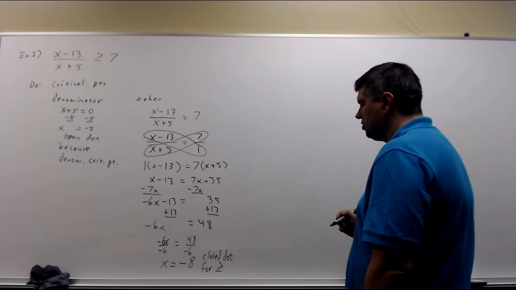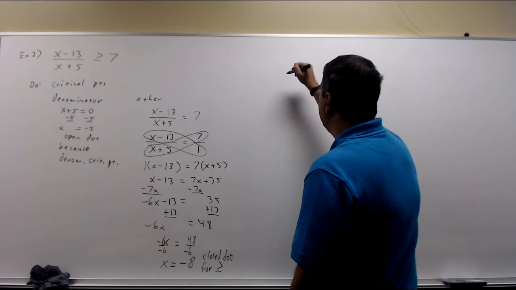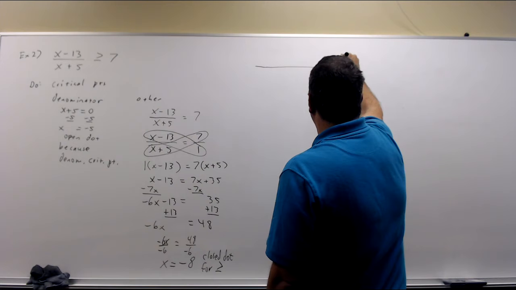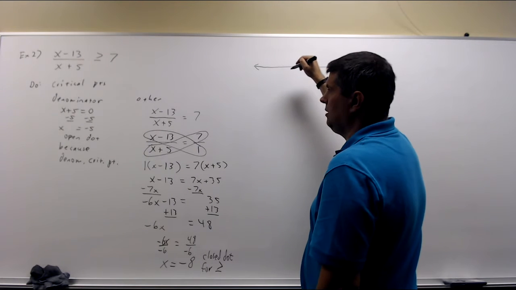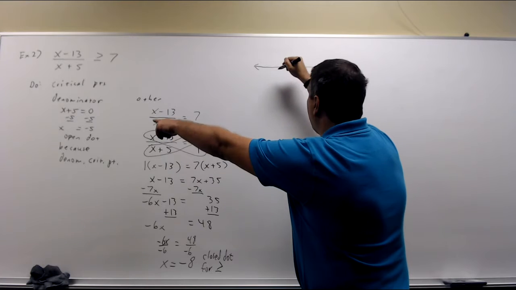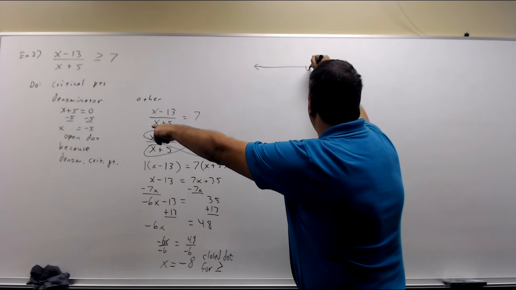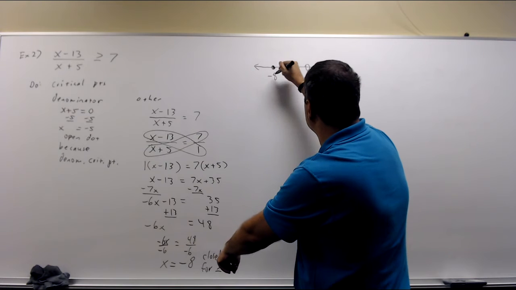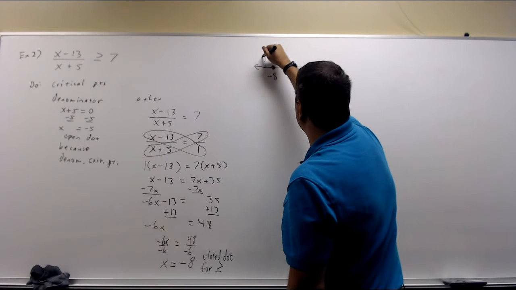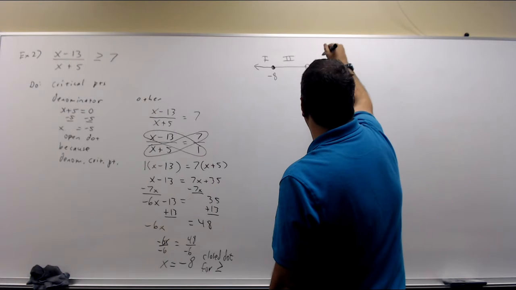So, here's what I'm looking at. I have -5 and -8. Region 1, Region 2, Region 3.